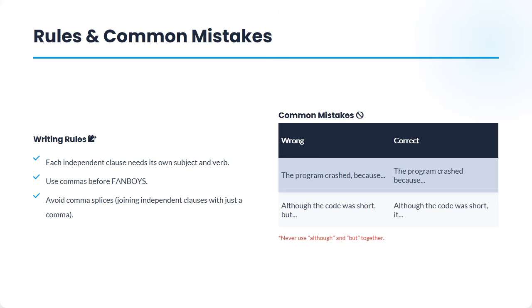Okay? So, the table presents what is wrong and correct. You can find the full description in the PDF version or the Word version of the course on the Moodle platform. And there is one point: never use although and but together.